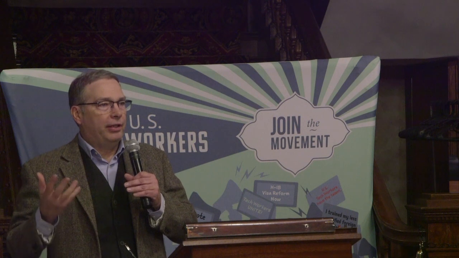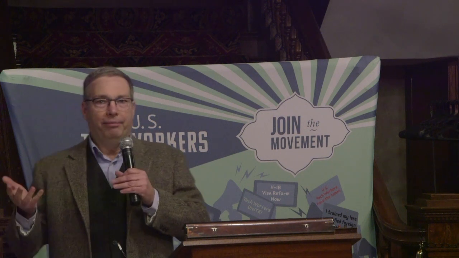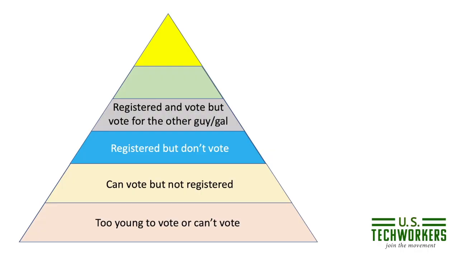Okay, and then you got close to the top of the pyramid, the voter, the citizen that voted for you. Great. And that's fantastic. You're gold in the eyes of an elected because you went out, you voted for them. Now, what if you voted for that congressperson and donated to their campaign?